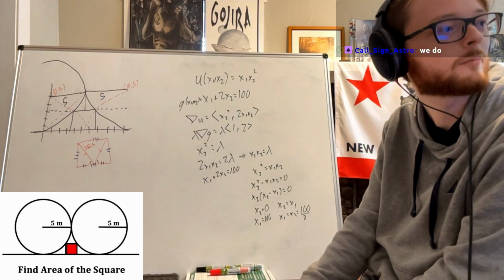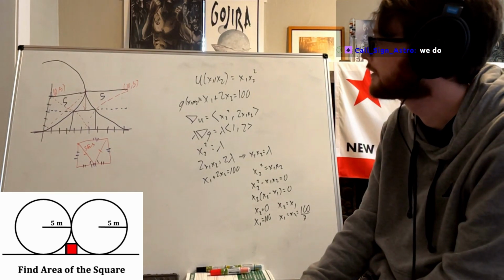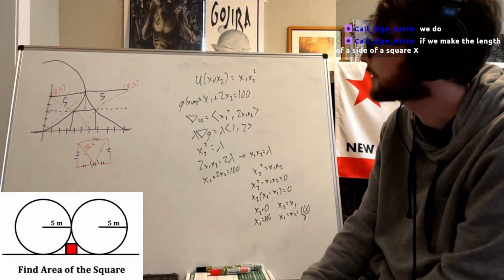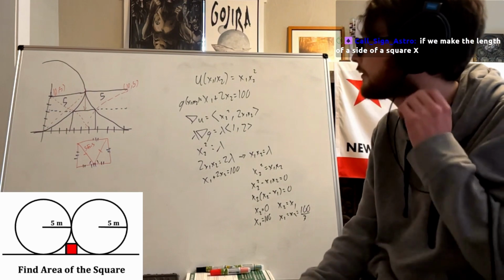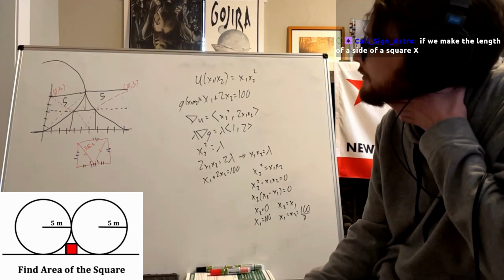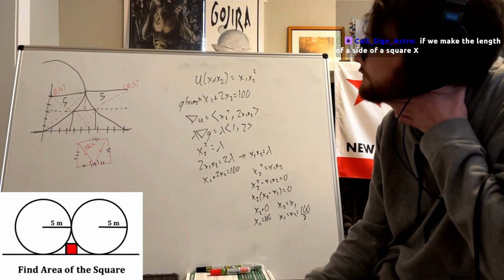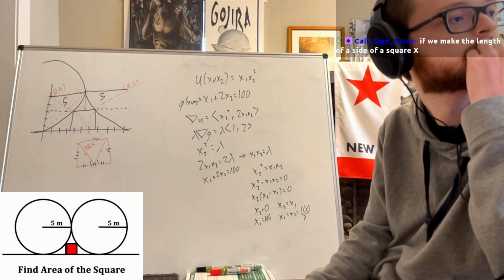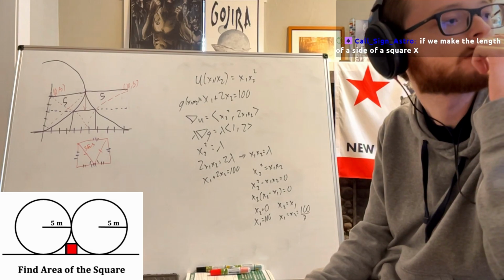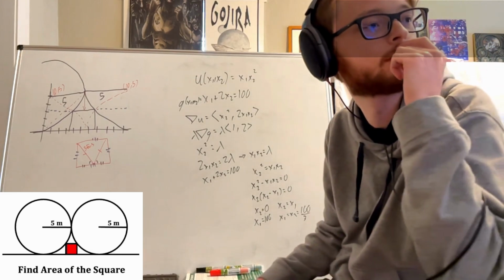Wait, we do know what the... Am I stupid? The answer is probably yes. How do we know what that is? We make the length of a side of the square x.